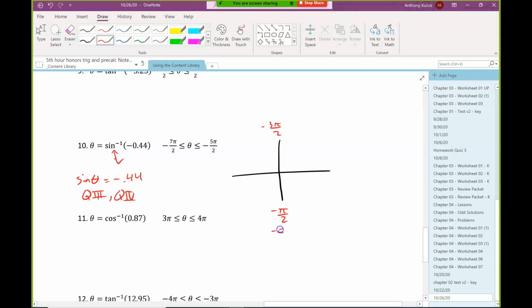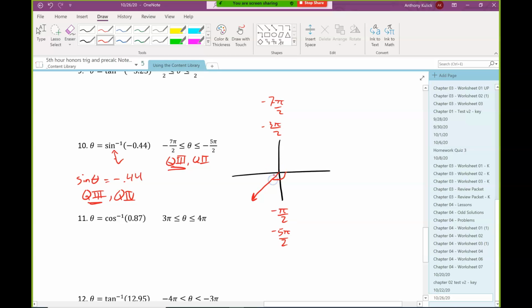So this is negative 5 pi over 2 down here, and then we continue going this way to get to negative 7 pi over 2. So that's quadrants 3 and 2. So the angle that we're looking for is in quadrant 3. Okay with that?